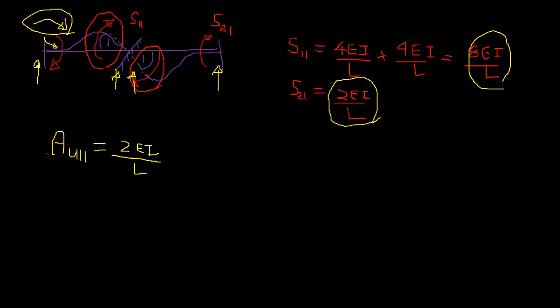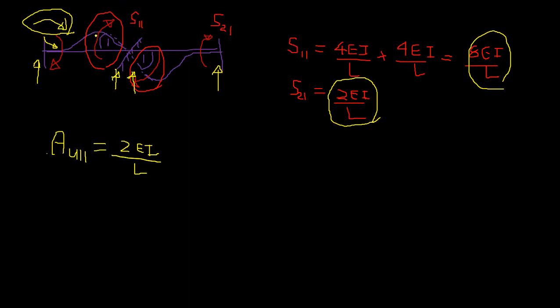This is exactly what's happening in the moment distribution and slope deflection method, right? You apply a theta to a particular point and it carries over half to the remote end. That means the far end, right? If you apply theta somewhere, depending on the support condition, it will carry over half.